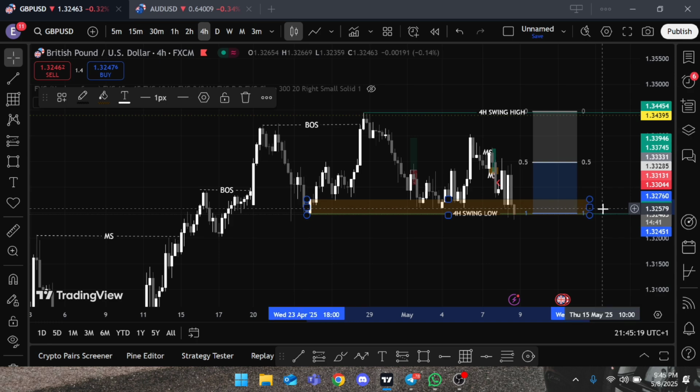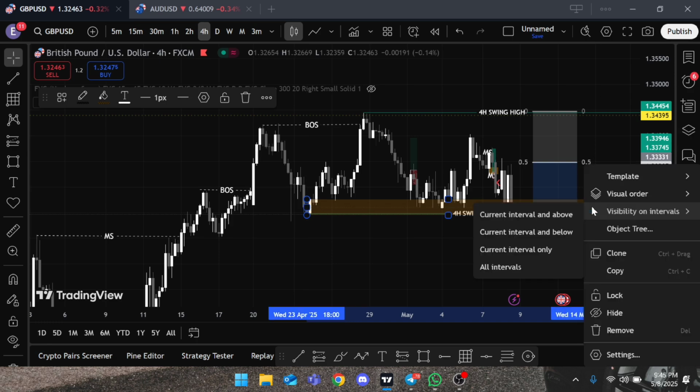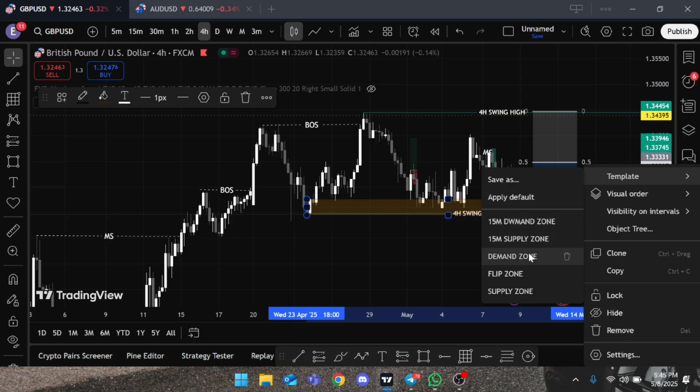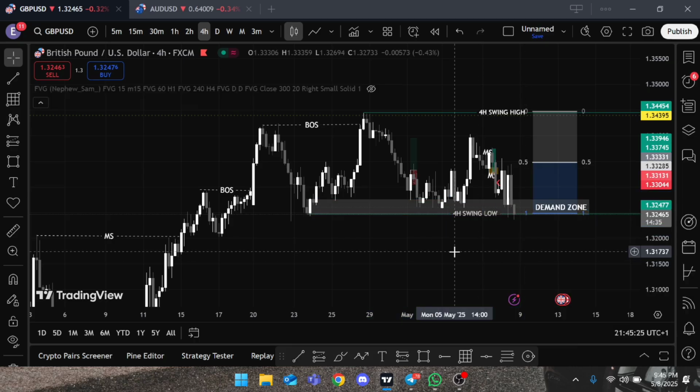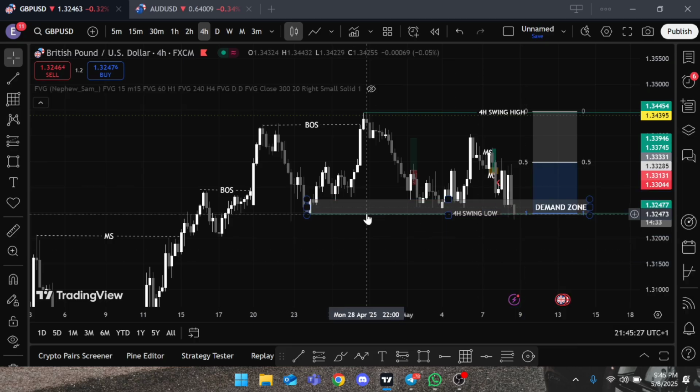Here is a 4-hour demand zone. So immediately you have plotted out your structure, you know where your swing high is and where your swing low is.